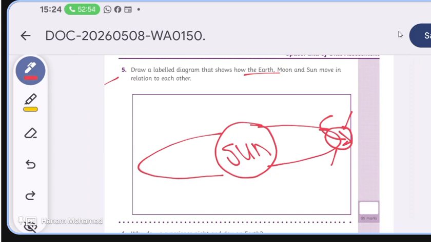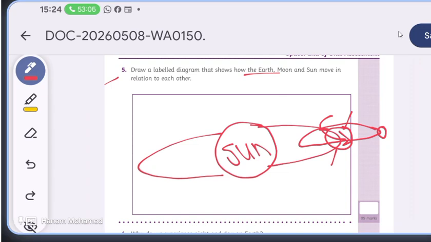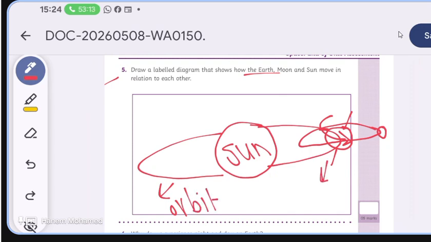And then you have to draw another orbit around the Earth, and then draw the moon smaller than the Earth. So the specific details: the Sun, the orbit for the Earth, the axis for the Earth, the moon smaller in size, and the direction of the Earth's movement. The drawing is supposed to be with sizes. Don't forget the sizes. The sizes are very important to be right.